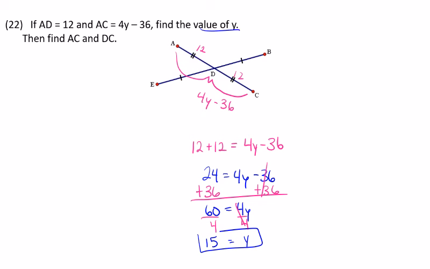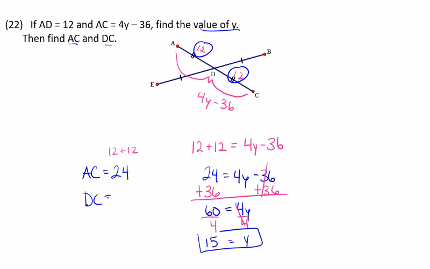So that's part of our answer, right? Because they did say find the value of y. But we also have to find AC and DC. So AC, we already found that out actually, right? Or we talked about it. We know AC is 12 plus 12, so that's 24. Okay. And then DC is 12, right?